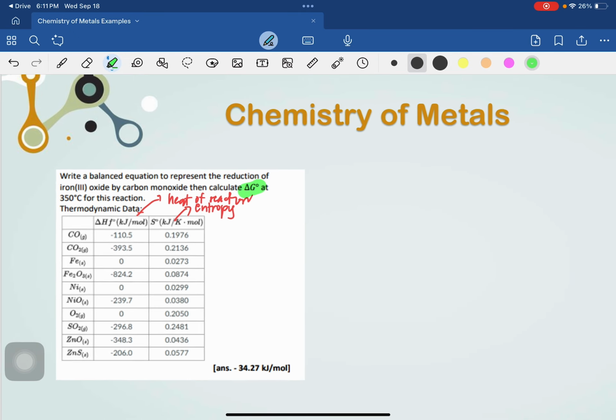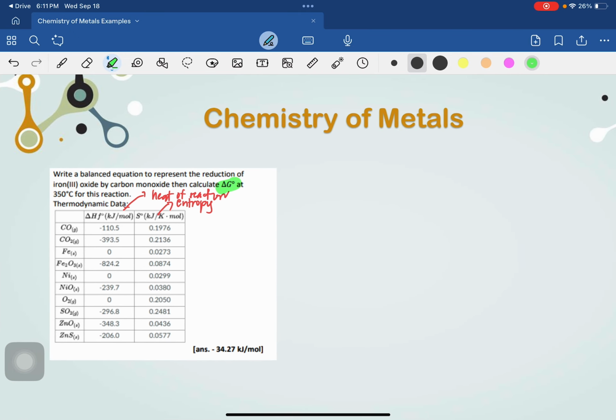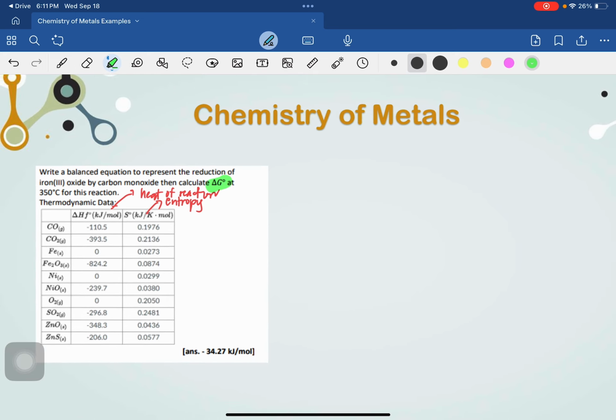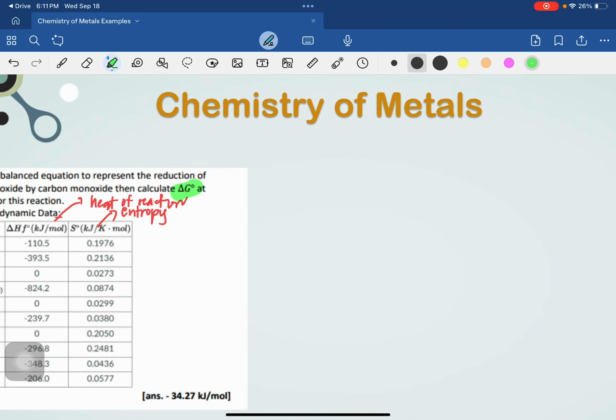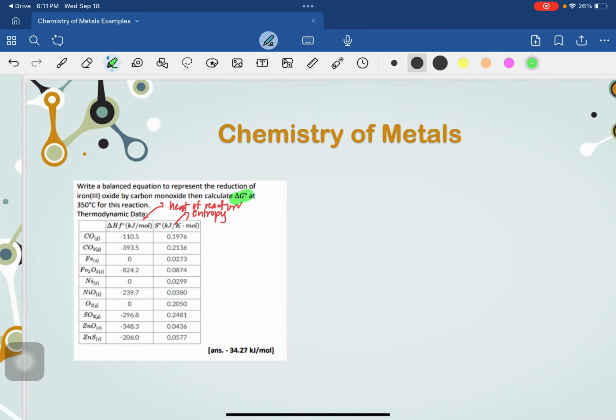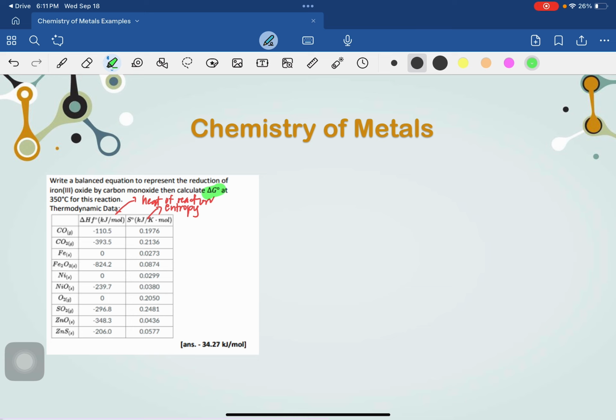So the easiest way to identify the equation, maybe we can read it out loud, or you can just analyze it. It says ferric oxide. If you are already familiar with it, because in lecture we already took it.